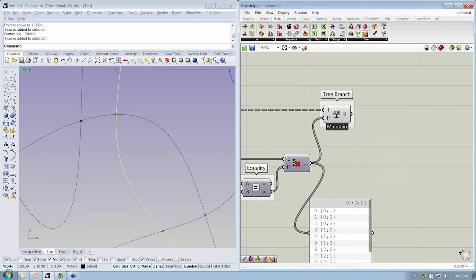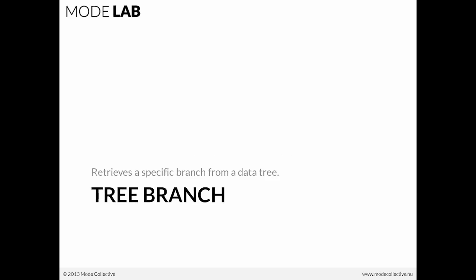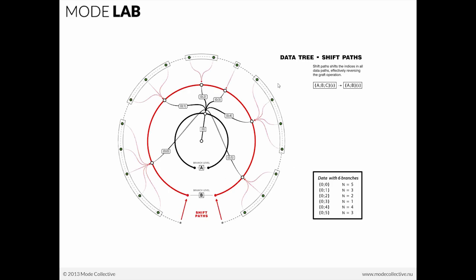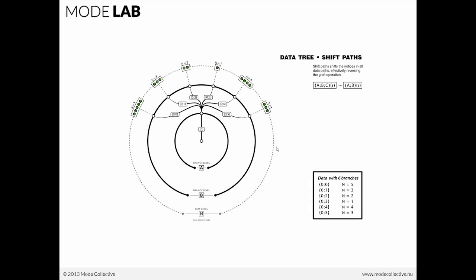All right, so the way we're going to do that is that we're going to use the shift paths object, and this allows us to shift the collection of indices that compose a path. So what was a 3-level data structure will go back down to a 2-level data structure. So if we specify a -1 as an offset, -1 removes C and we go back to AB, right? So this would be the diagram that represents that, and what we end up with now are things back on the list that they came from.